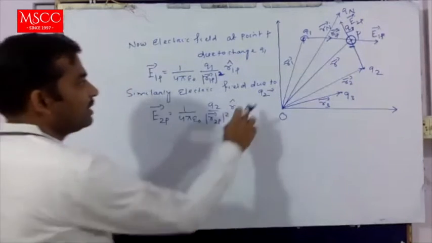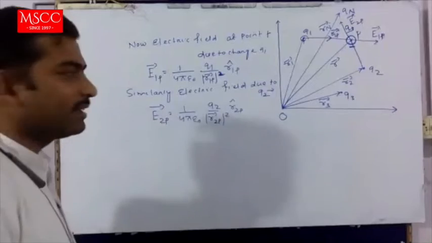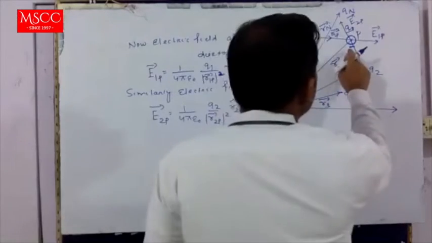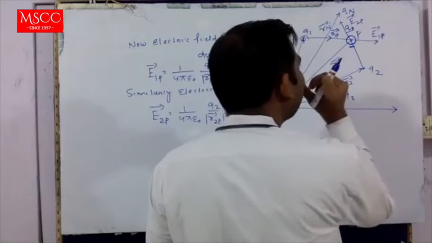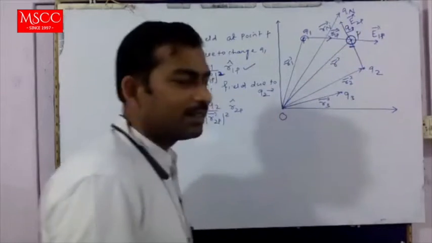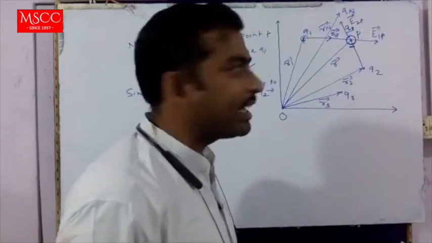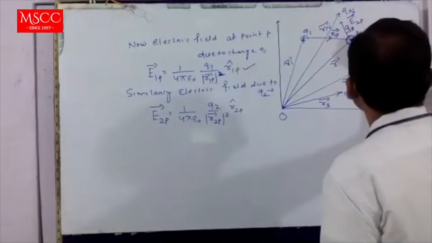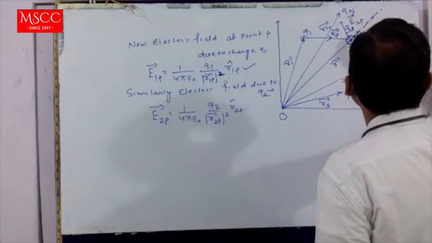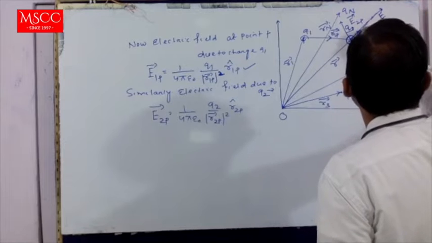Similarly for the third charge. Suppose we consider these two: at point P, the electric field intensity due to Q1 is this and due to Q2 is this. Then the resultant will be in this direction.